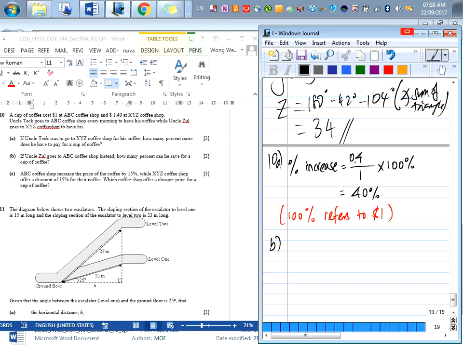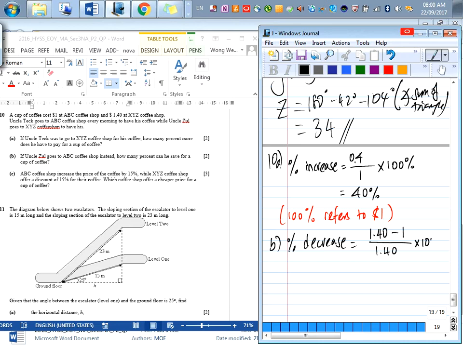$1.40 is our 100%. So now there is a decrease, right? From $1.40 it became $1. So the decrease is 40 cents. But out of what? What is the base? What is the 100%? So the percentage decrease is equals to $1.40 minus $1 divided by how much? What is the original? 140.